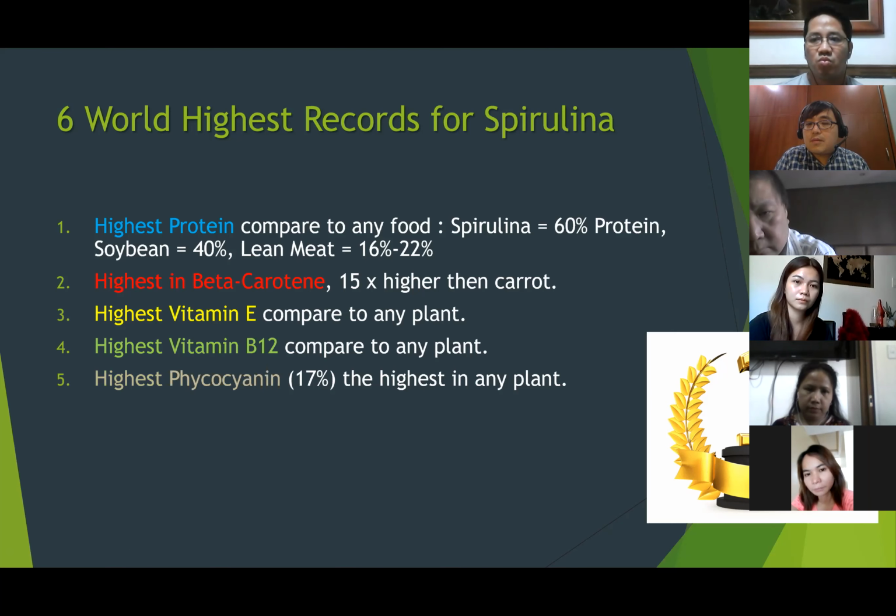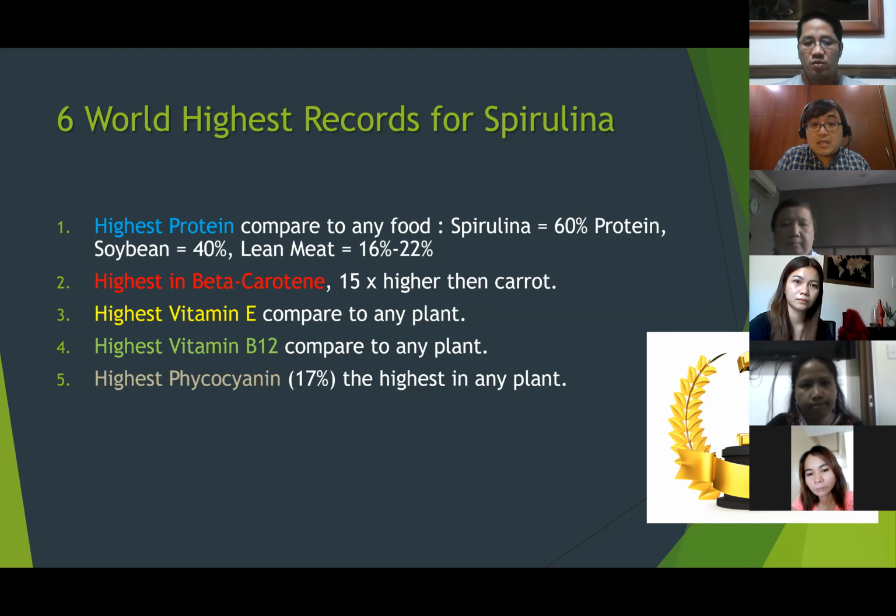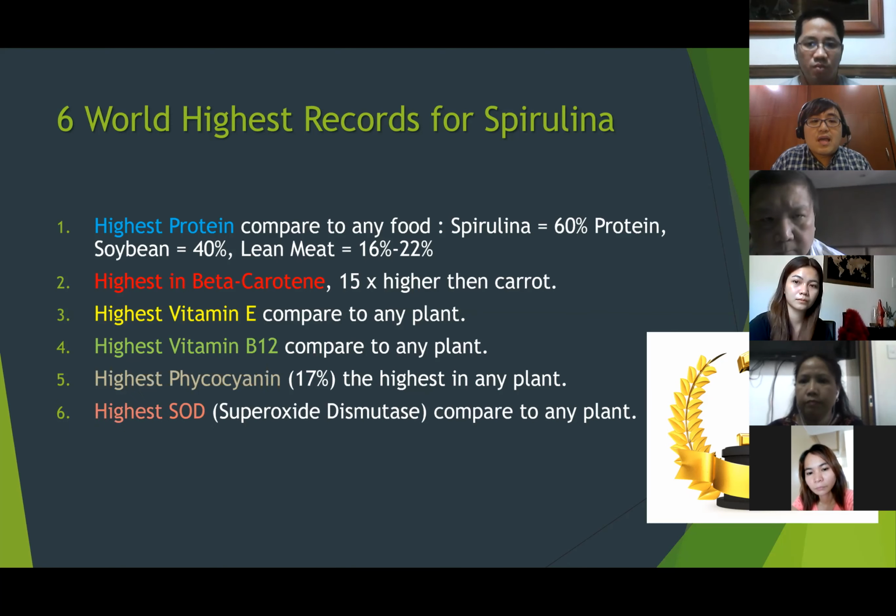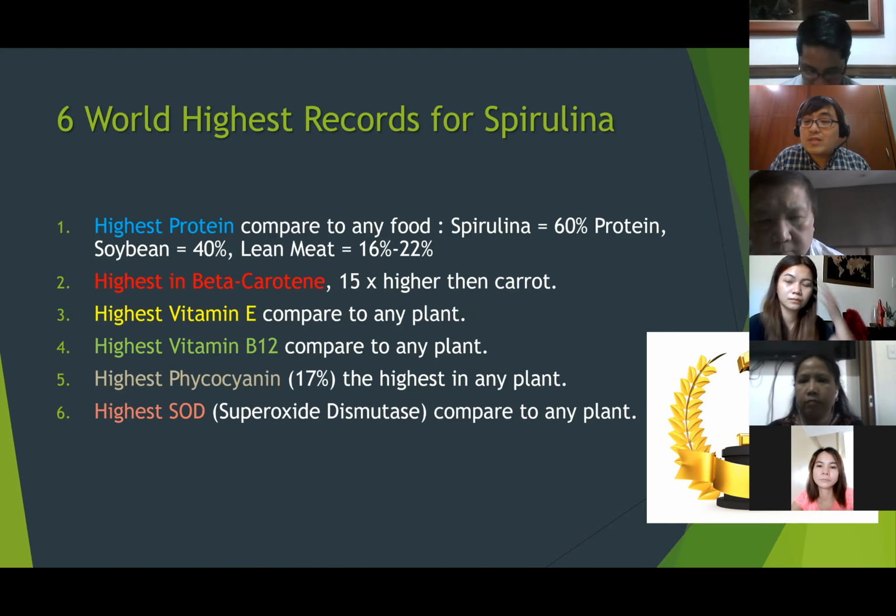Now, if you believe that barley is very good because it has phytocyanin, you might need to change your mindset, because spirulina has a higher phytocyanin than any plant in the world, and the highest SOD also. People who drink wheat grass, you drink wheat grass because you want to have higher SOD, right? Superoxide dismutase, higher antioxidants.